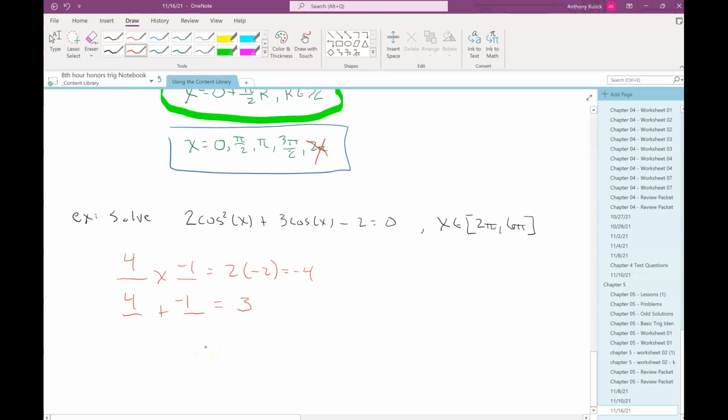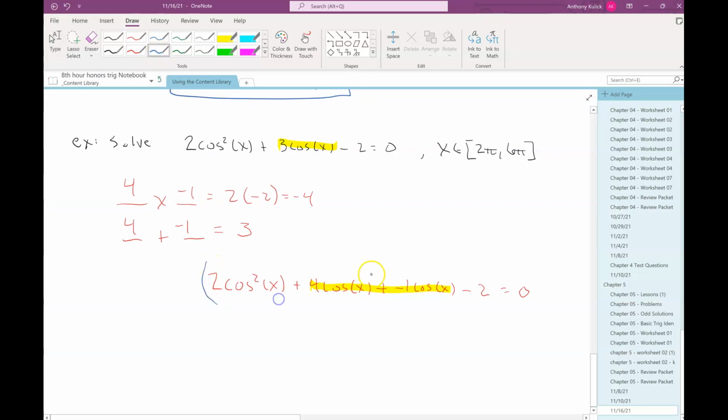So remember, since the leading coefficient isn't 1, this doesn't take me straight to my answer. But it just describes to me how to break up that linear term. Everybody's okay, remembered in doing this? All right. I'll make my two groups. From the first group, I can take out a greatest common factor of 2 cosine x, and I'm left with cosine x plus 2, right?